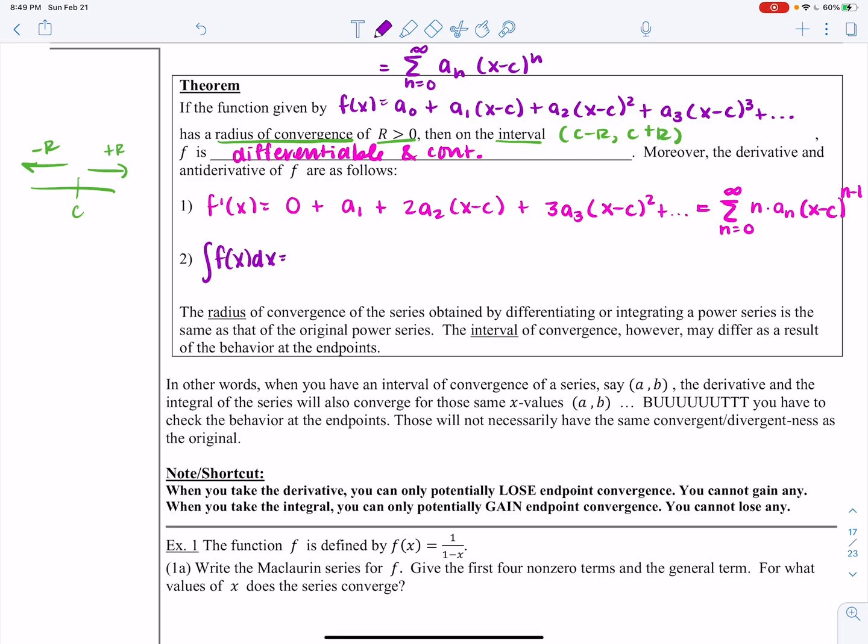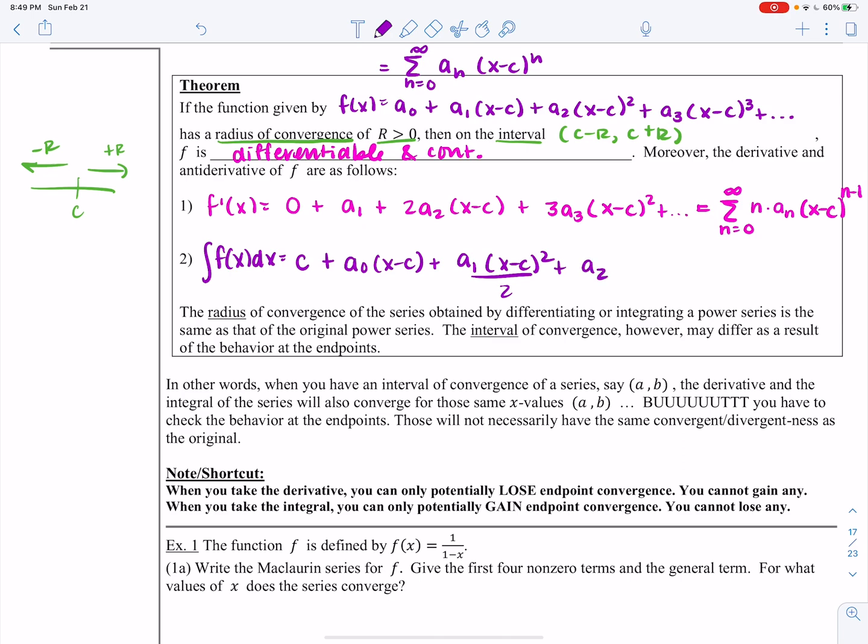So now going in the opposite direction, let's add a plus c. What's the antiderivative of a0? Well, a0 times x minus c. What's the antiderivative of a1 times x minus c? It's going to be a1 times x minus c squared over 2.